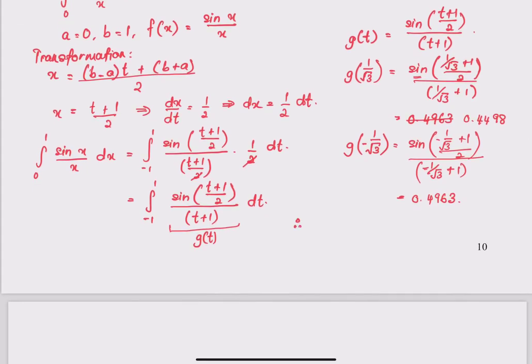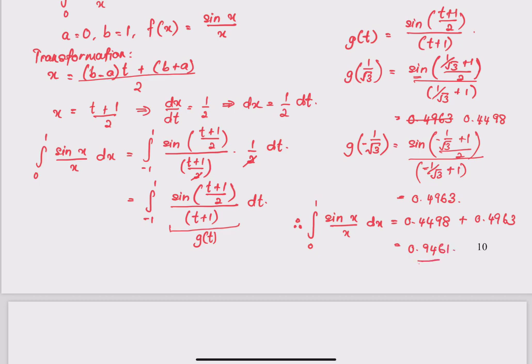Therefore, by Gauss quadrature, this integral from 0 to 1 of sine x upon x dx is equal to 0.4498 plus 0.4963, and what you will get is 0.9461.